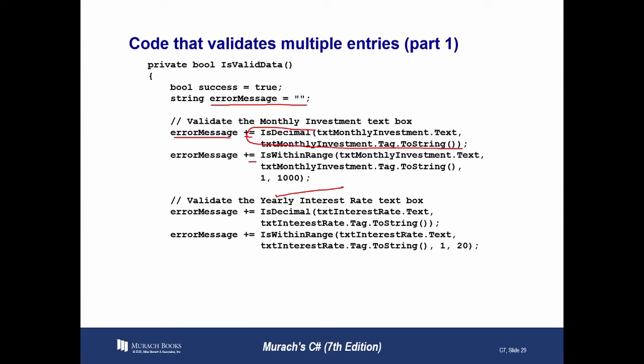But I really want to point out this syntax here, this tag, okay? This tag is part of the syntax as well. So make sure that if you do want to do this, you're adding the tag. So it's, for example, text monthly investment .tag .ToString. And this is sort of the ranges that you're trying to validate. Again, you see it down here, this .tag and then .tag again.